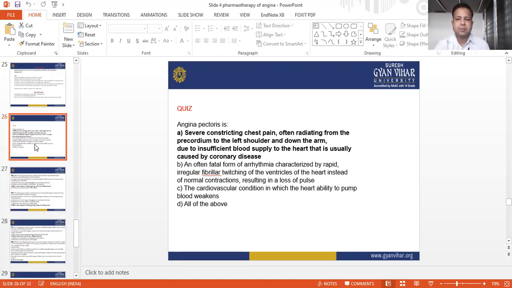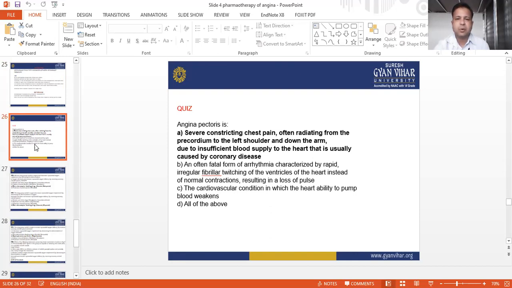that is usually caused by coronary artery disease. Option B, an often fatal form of arrhythmia characterized by irregular fibrillar twitching of the ventricles of the heart instead of normal contractions, resulting in a loss of pulse. Third option, the cardiovascular condition in which the heart's ability to pump blood is weakened.